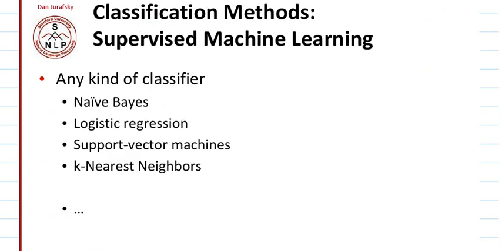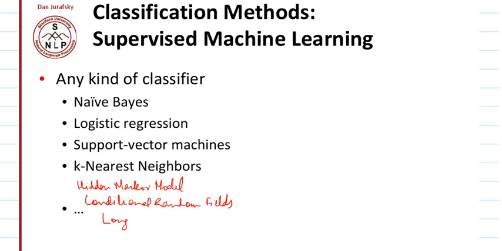So there are different kinds of classifiers. We have logistic regression, support vector machine, k nearest neighbors, and among the more sophisticated ones we have the hidden Markov model, conditional random fields, and then the latest ones, long short term memories, that is the LSTM.